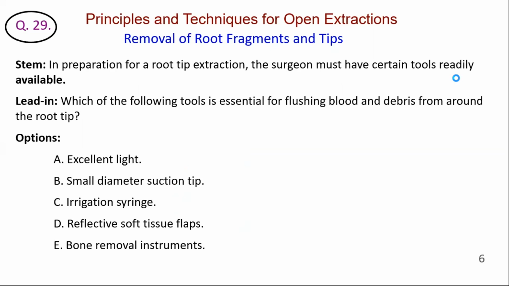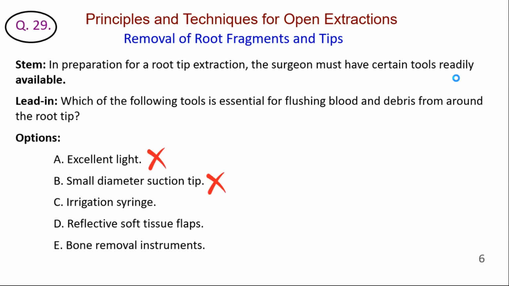In preparation for a root tip extraction, the surgeon must have certain tools readily available. Which of the following tools is essential for flushing blood and debris from around the root tip? Essential for visualization but not for flushing blood and debris.